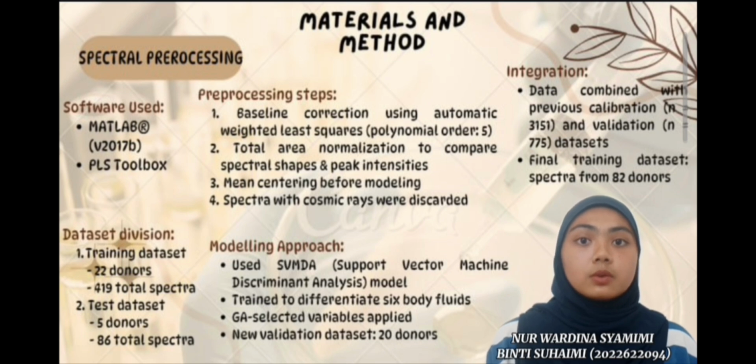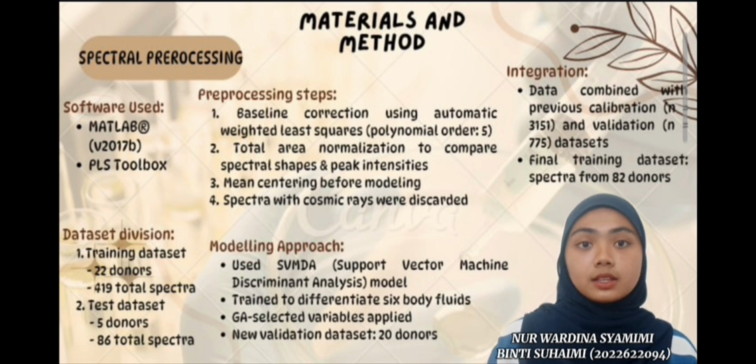These new datasets were combined with the existing calibration and validation datasets from the previous study, which already included 5 body fluids. This brought the total number of donors in the training dataset to 82. Finally, we use this expanded dataset to train the new SVMDA model to classify 6 different body fluids. Variable selection for this model was done using a genetic algorithm.